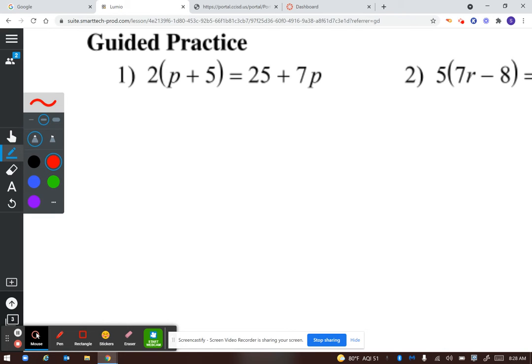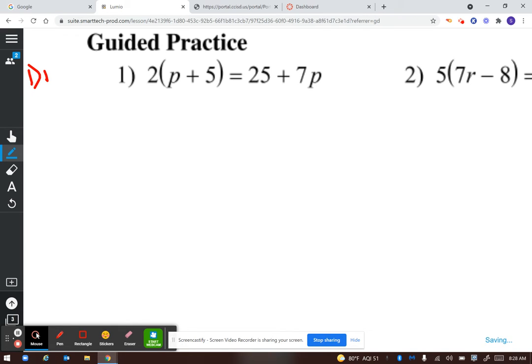So here we go. The first thing you do, step number 1, is distribute. When you distribute, it means to multiply. So 2 times p is 2p. 2 times positive 5 is positive 10.